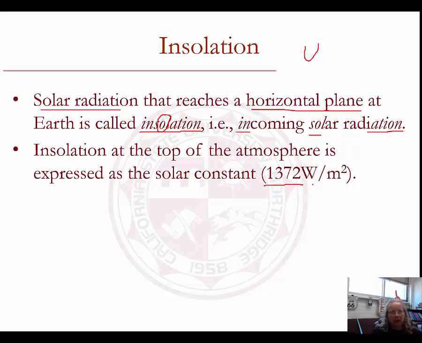It arrives at the top of the atmosphere at 1,372 watts, like a light bulb, across a square meter of space. That's a lot of energy, and if we could just convert that to electricity, we would have more than enough for everybody to do everything for all time.